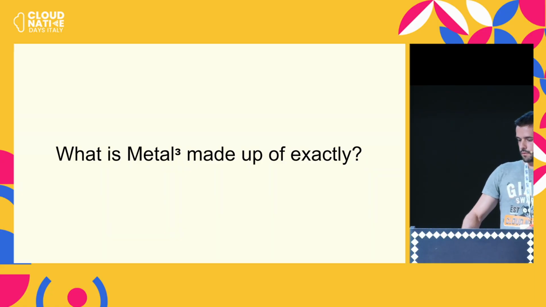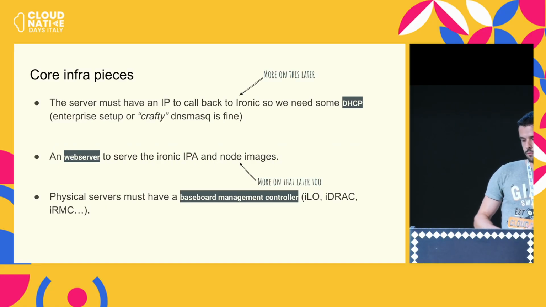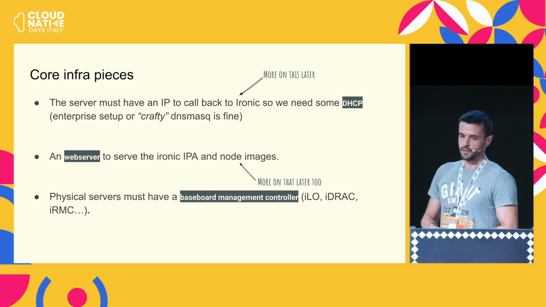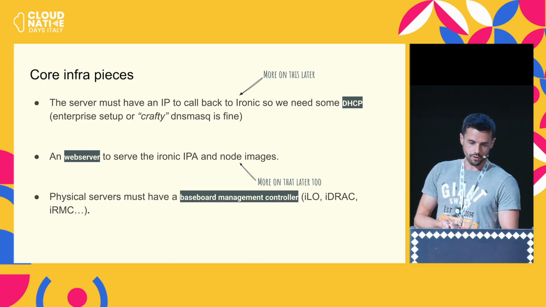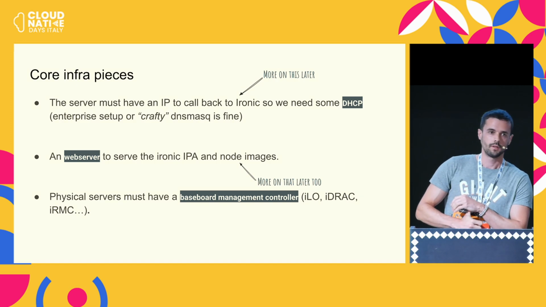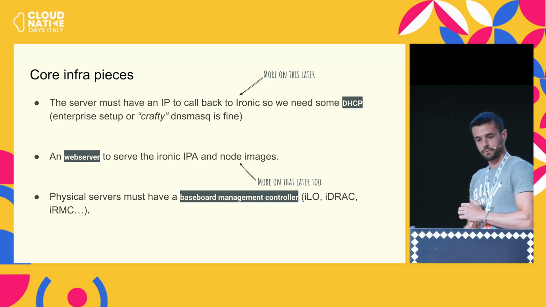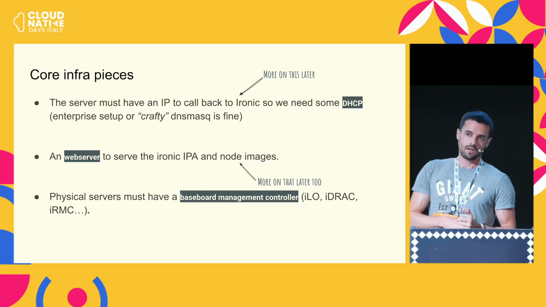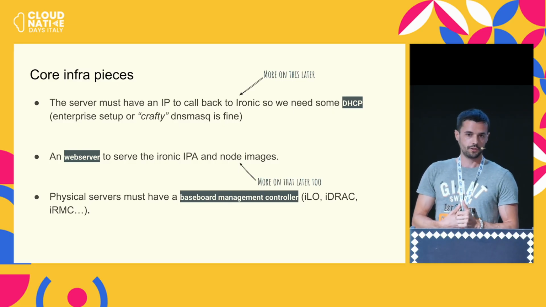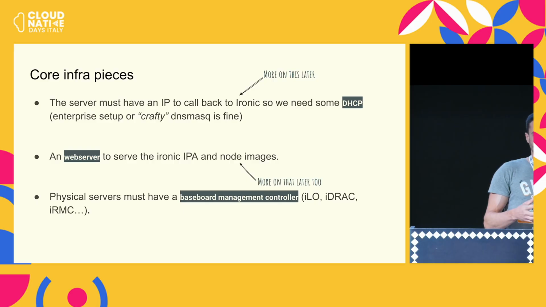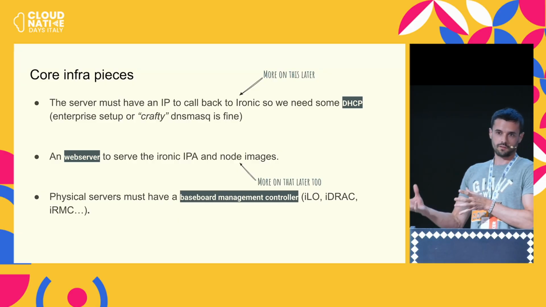So let's take a look at what Metal³ contains and what it's made of. So at first, we have a few infra pieces that you would find on any normal network. So we need to have some IP addresses for our nodes to PXE boot, for instance, if that's what we want to use. We need to have a web server to serve OS images. So if you're going to use CAPA, for instance, you don't need to worry about that because by default, you can use instance types.